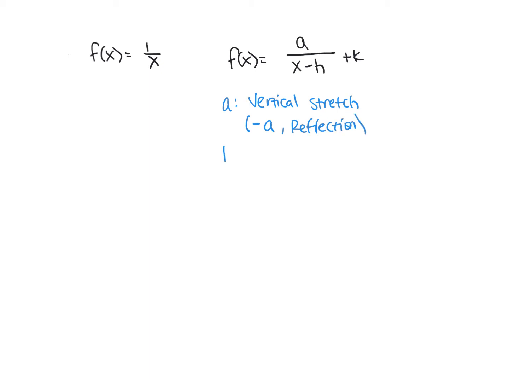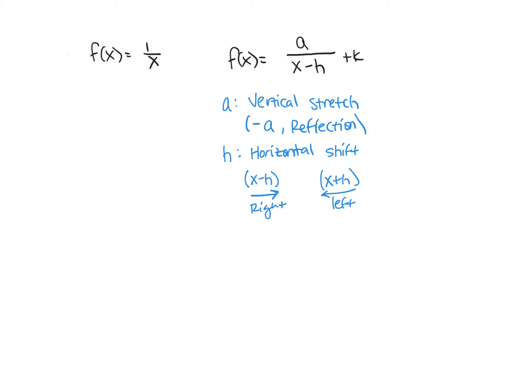We have our h value, which is a horizontal shift. If you've got x minus h, it means that you're going to be moving to the right. And if you've got x plus h, it means you're going to be moving to the left.